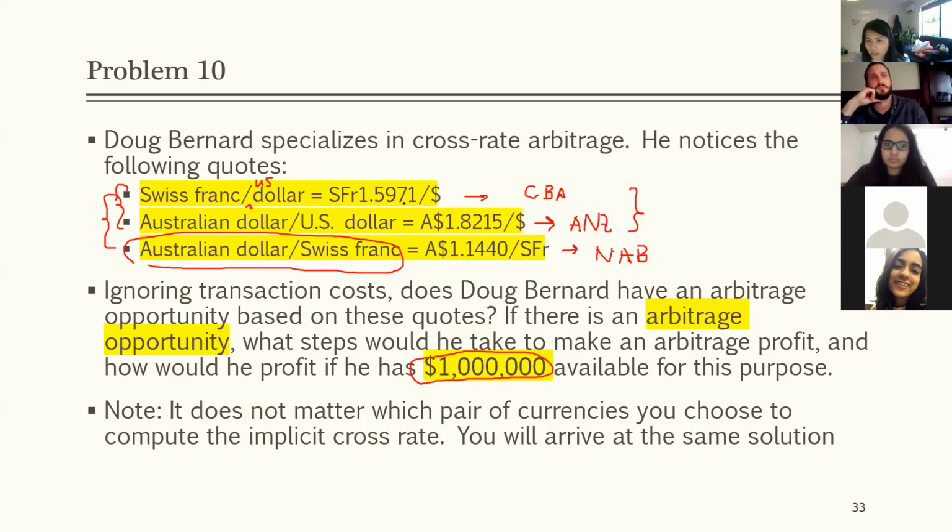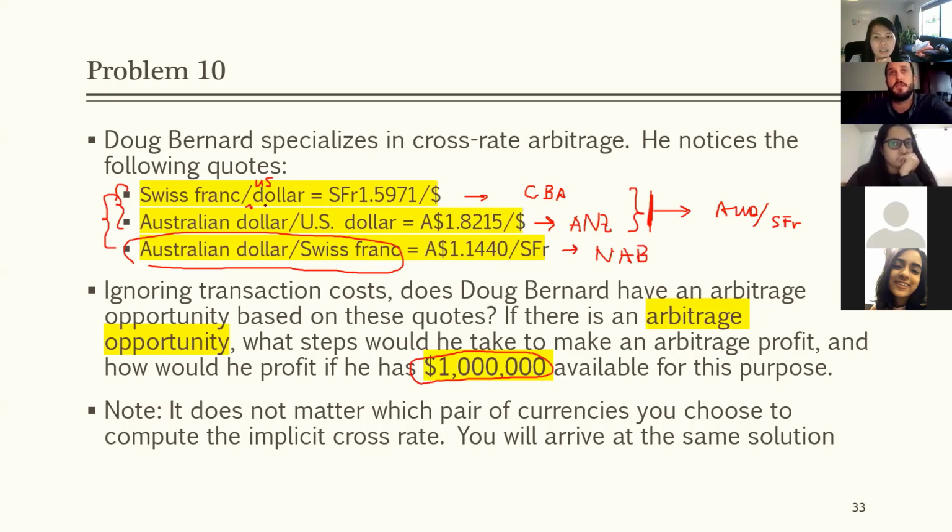Let me write USD here. From these two rates, I want to find the AUD over Swiss franc cross rate. Can you help me with this exercise? Sorry, what do you mean by cross rate? It's the Australian over Swiss franc exchange rate.